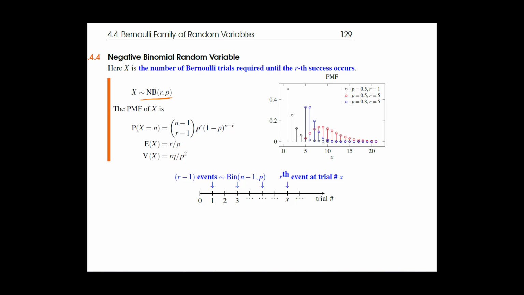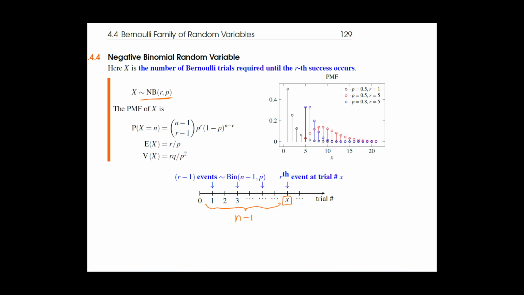So you have one at the x, because that's the last one. That's when you stop tossing that coin. So what that means is that in the previous n-1 trials, we had r-1 events.